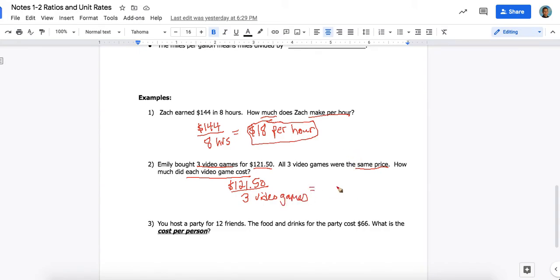And $121.50 divided by 3 is 40.5. Now, since we're trying to find the cost, because it says how much, we are not going to write 40.5. We're actually going to drop a 0 in. So when there's only one number after the decimal and we're talking about money, we have to drop in a 0 so that we can represent that as change. So this is $40.50 per game, or I could just do /game.